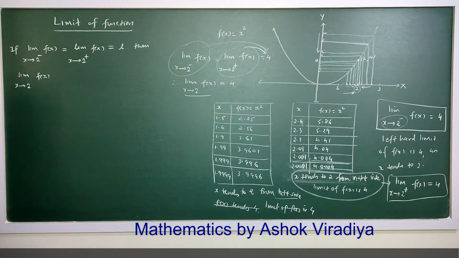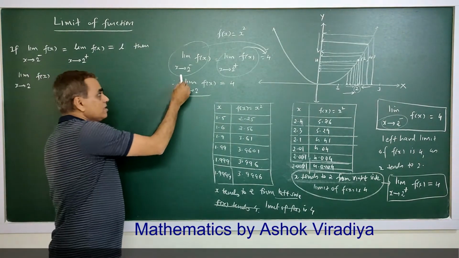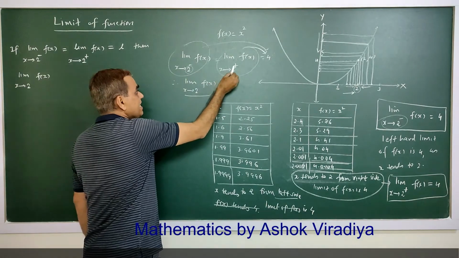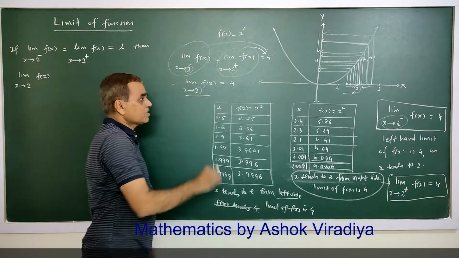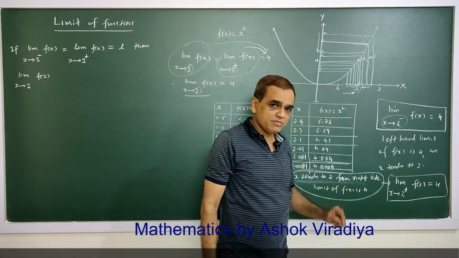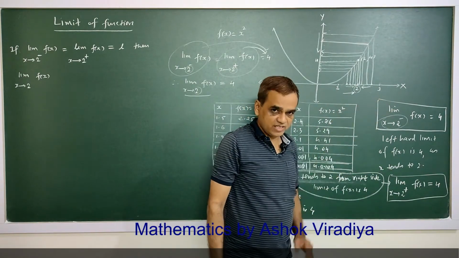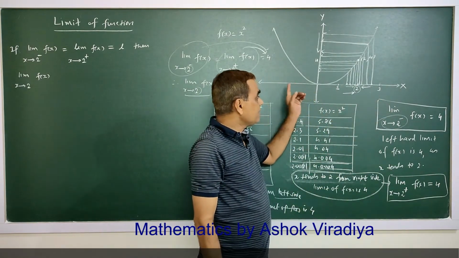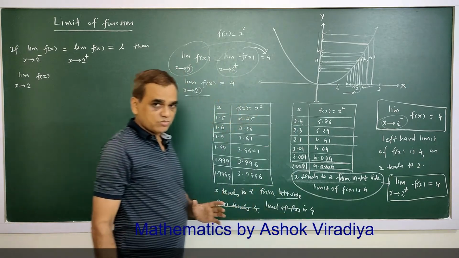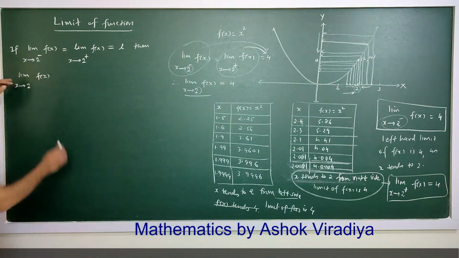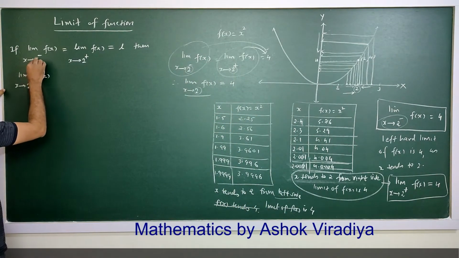See here, this 2, it can be any real. This discussion was for 2. Similar discussion can be done for 3. Similar discussion can be done for -2. So this can be any real. So for any real, I use symbol a.